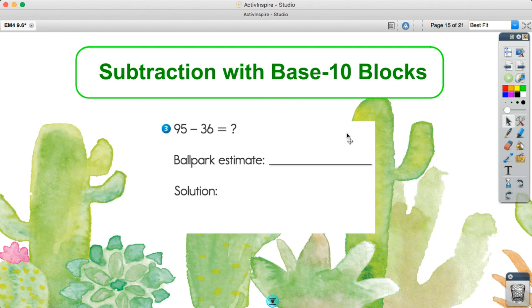Number 3, 95 minus 36. Make sure you do your ballpark estimate and solve using base 10 shorthand. And finally, number 4, 144 minus 127. Do your ballpark estimate and solve using base 10 shorthand.